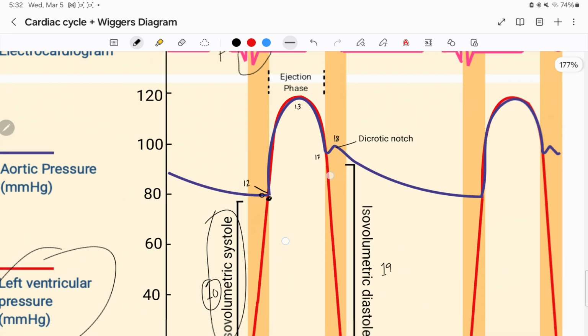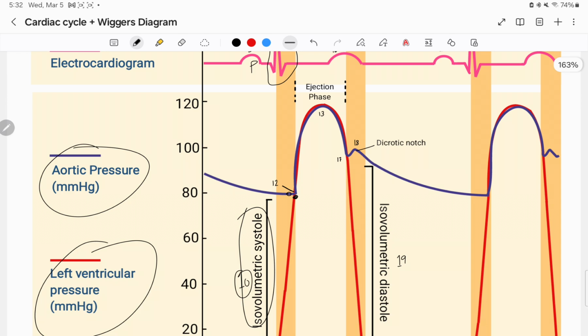What is this purple line? That is the aortic pressure. So tell me something. If the left ventricular pressure is still less than the aortic pressure by the end of the isovolumetric systole phase, does that mean the semilunar valves are open or closed? And of course, the correct answer here would be that they are closed. Remember that they're pressure operated, and as long as the pressure in the ventricles is less than the pressure in the aorta, that valve will remain closed.